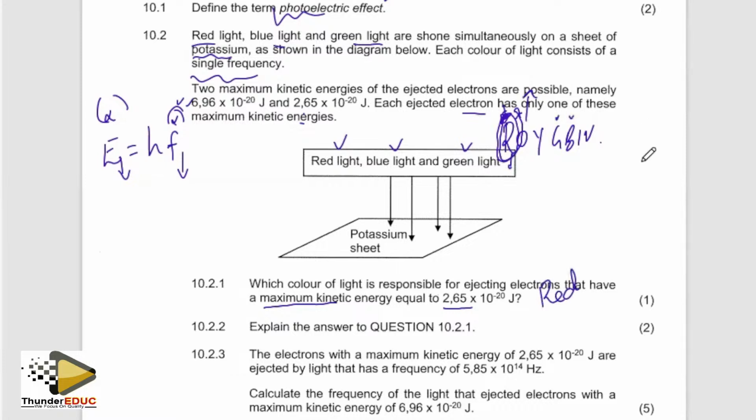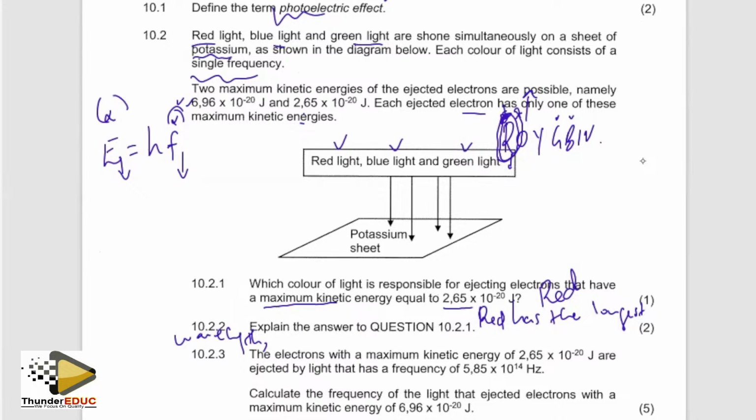All right, then 10.2.2, explain the answer in 10.2.1. So what we're saying is that red has the longest wavelength, or you can just technically say that it has the smallest frequency.